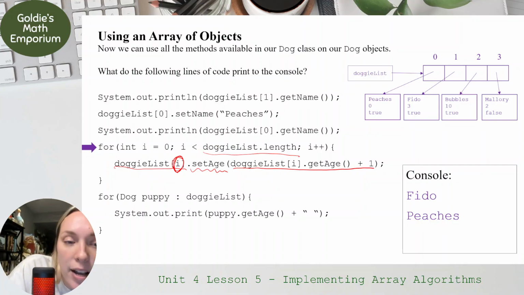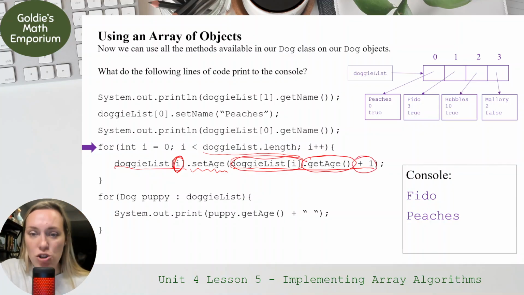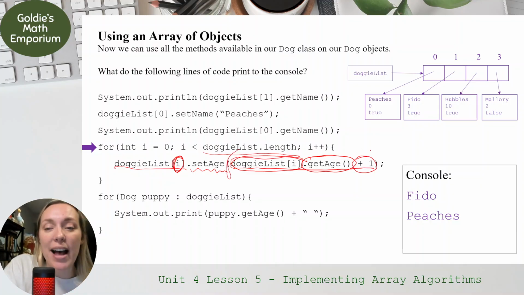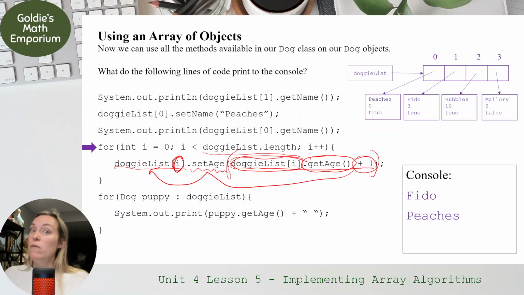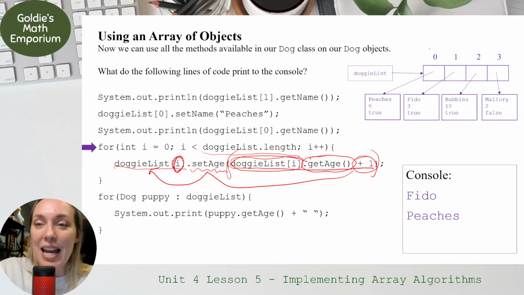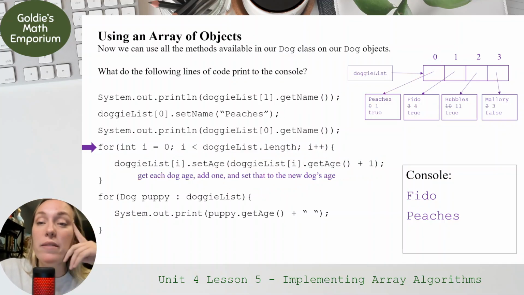So inside here, I say, okay, get the current dog, get their age, add 1 to age, and then take that value and set it to their new age. Right? Did we follow that? Okay. So take the current element, get their age, add 1 to it, and then that becomes their new age. Okay. So all of these get 1 added to their age, and it's going to become their new age. Right?